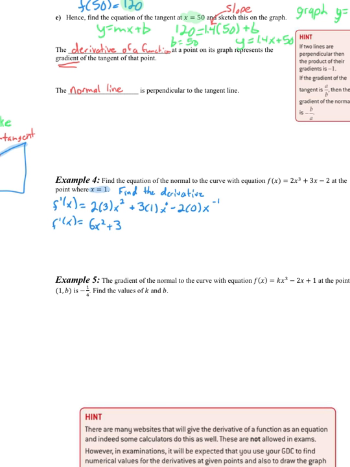Next step is find f prime of 1. We have that x equals 1 here. So we're going to plug in 1 and solve. So 1 squared is 1. And then we're going to get 6 times 1 squared plus 3, which is 9.